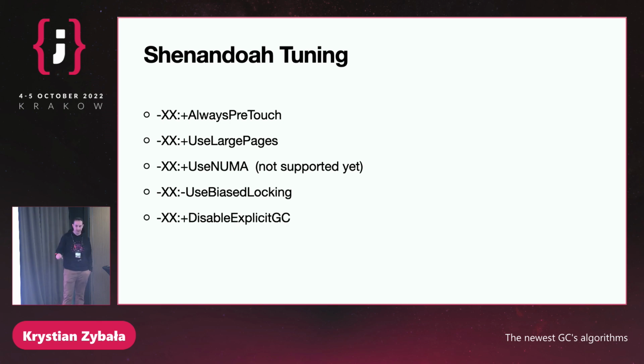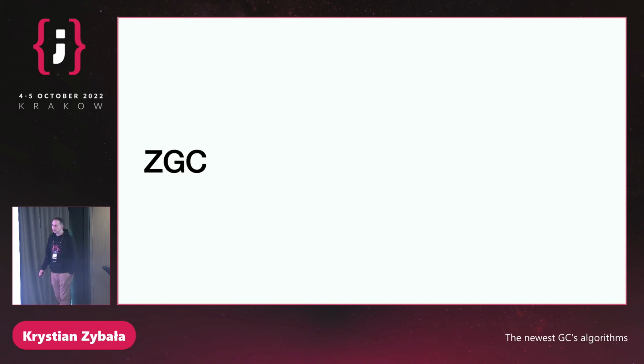This flag is deprecated, and in the newest Java versions, we don't have to care about it. And of course, we have to disable explicit GC. And that's all. Shenandoah is very easy to tune, yes?